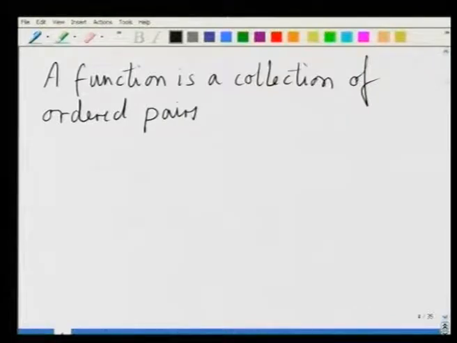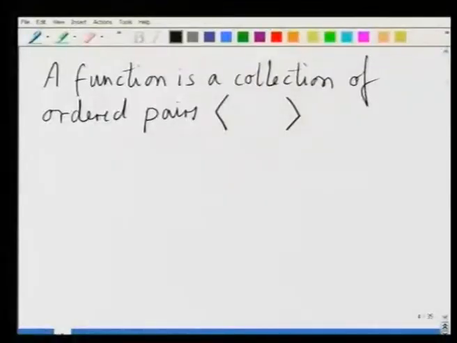Now, an ordered pair I will denote as follows. I will write two symbols inside it. The symbol on the left will be an element of the set x, the symbol on the right will be an element of set y. So, let us say x 1 y 1. Now, this is an element of another set which is the function of our interest.